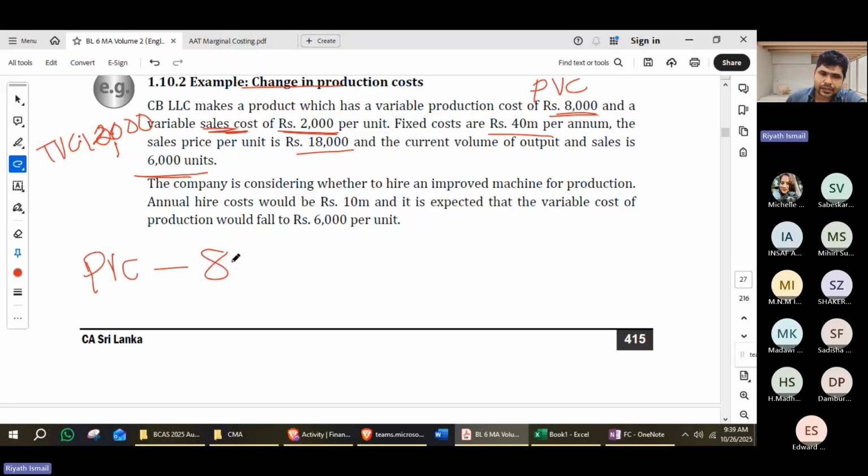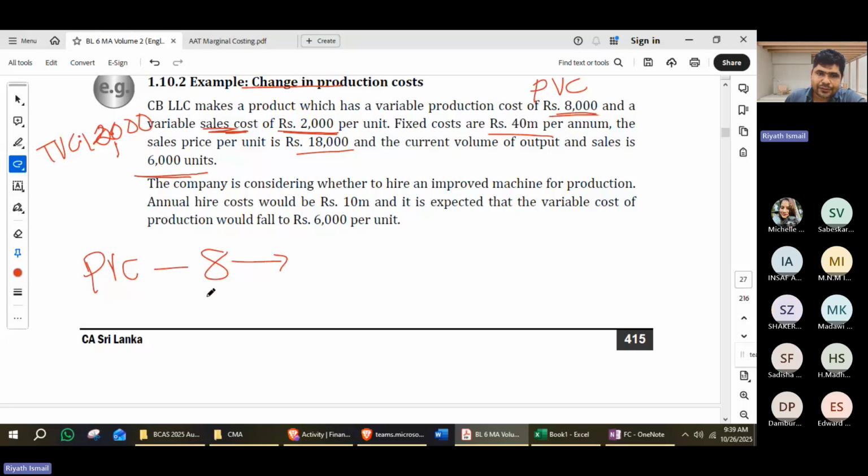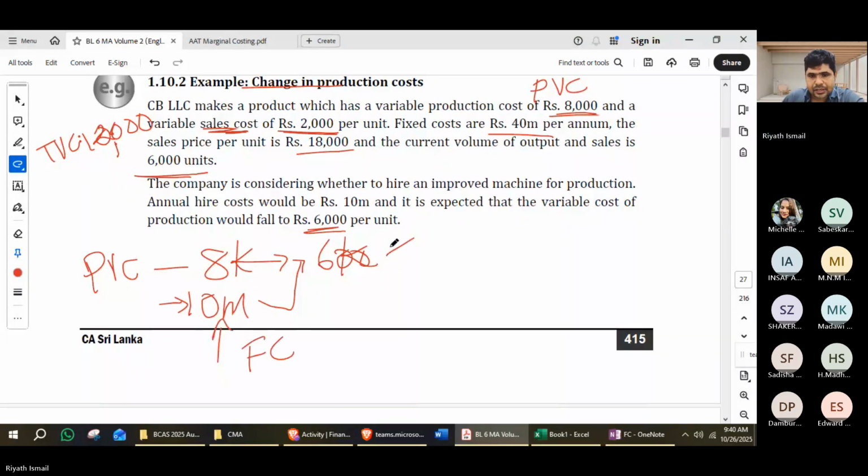They are considering enhancing the production capability by adding a 10 million fixed cost machine. By doing so, they can reduce the 8,000 variable production cost to 6,000. So it means 10 million additional fixed cost for a reduction of 2,000 in variable cost.